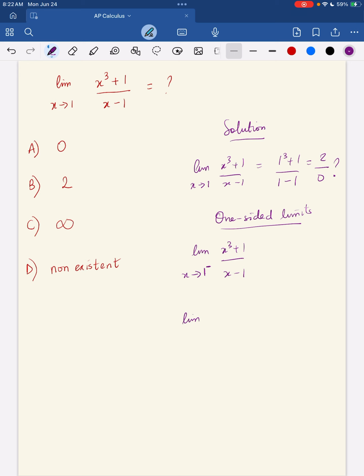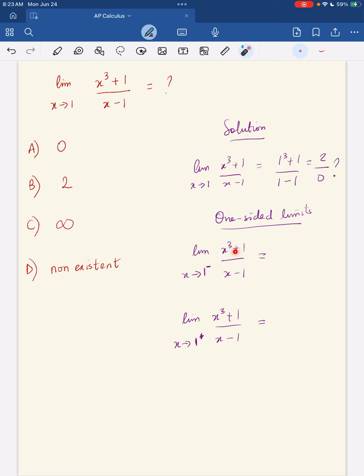Then we're also going to calculate the limit of this expression as x goes to 1 from the right-hand side of 1. If these two give the same value, then the limit will be that value. But if these two values are different, then the limit does not exist. That is the beauty of one-sided limits.